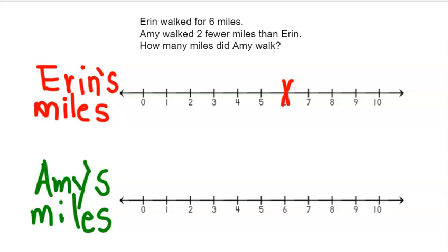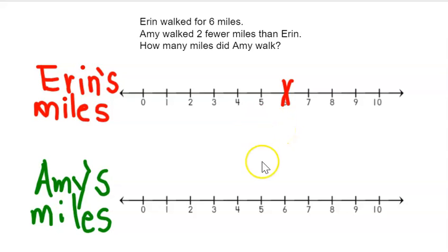How could we show the number of miles that Amy walked? Let's read. Amy walked 2 fewer miles than Aaron. So how many miles did Aaron walk? 6.